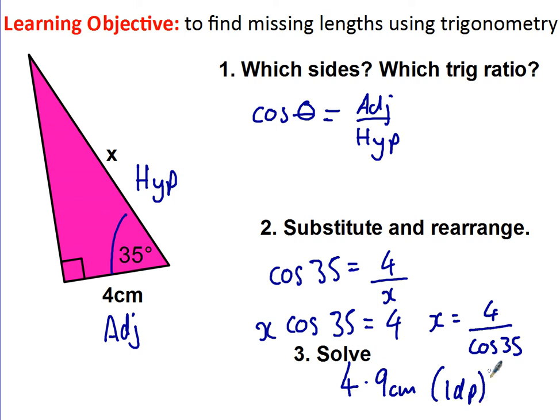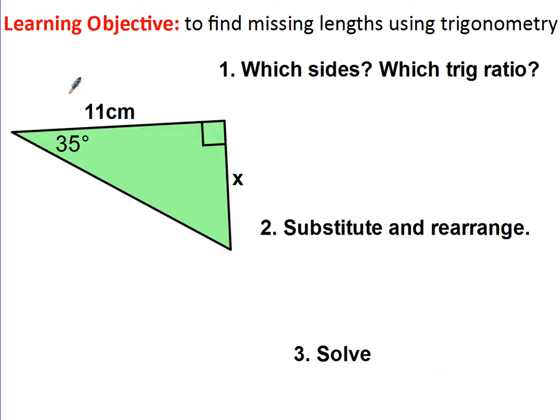Okay. Second example. Which side's which ratio? So the angle is 35 degrees again, and now we have the adjacent side and the opposite side. Adjacent and opposite meet each other in the tan ratio, so tan theta equals opposite over adjacent.